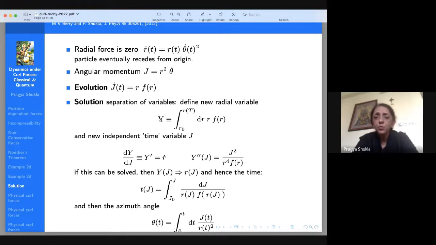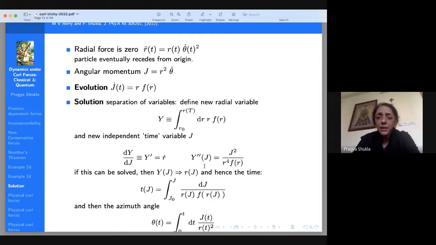When you use this new y and new J, you can exactly prove that dy by dJ, which I give a new name y prime, is equal to r dot. What was r dot? r dot was dr by dt, the original velocity. So dy by dJ is equal to r dot. Now you differentiate it, y double prime. The prime here corresponds to the derivative with respect to J, the new time variable.